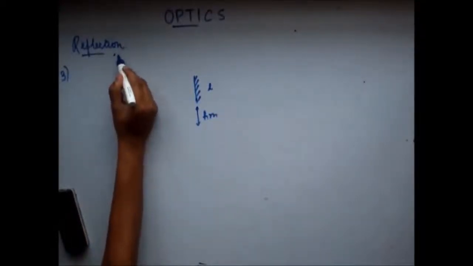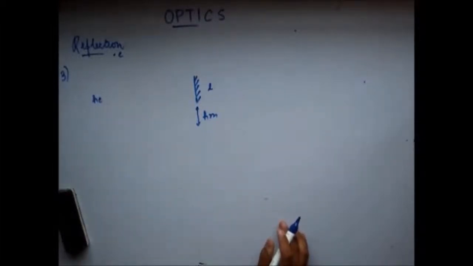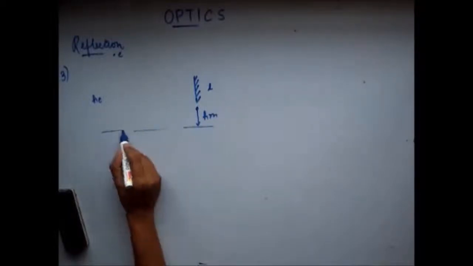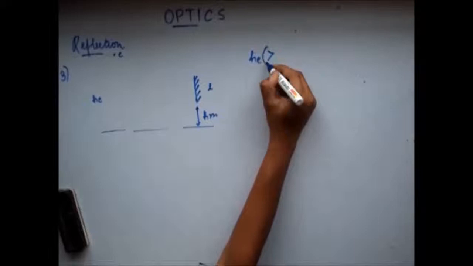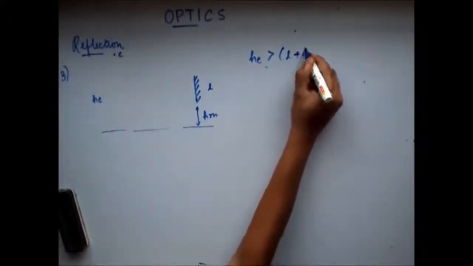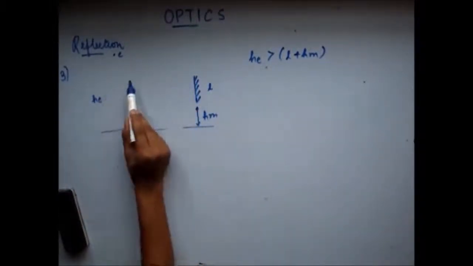Your eye is at this position at a height HE from the floor. This is the floor, such that HE is greater than L plus HM. That means you are standing at a height which is greater than this height.